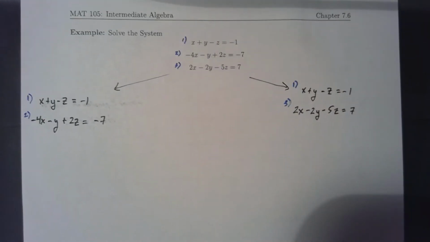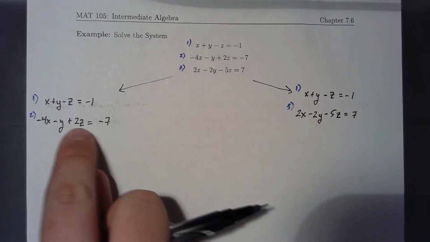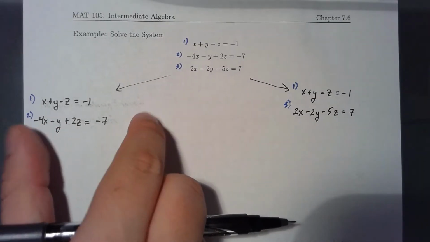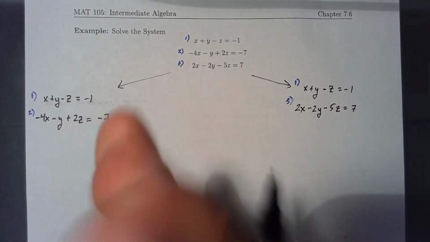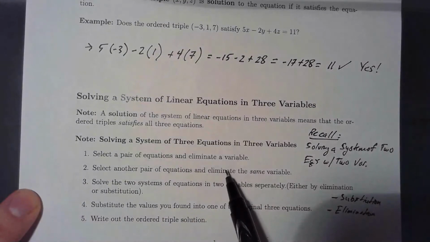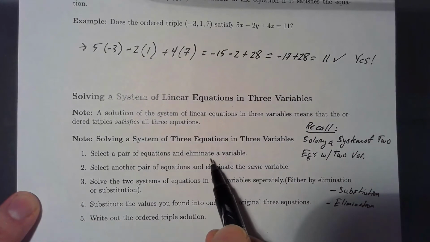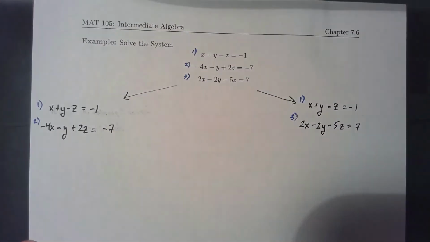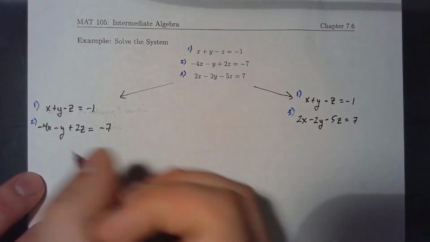Alright. So now what I'm going to do is pick one of the systems. I'm going to start with this one just because it's on the left side. Now, if I follow this process, I select a pair of equations, and I'm going to eliminate a variable.